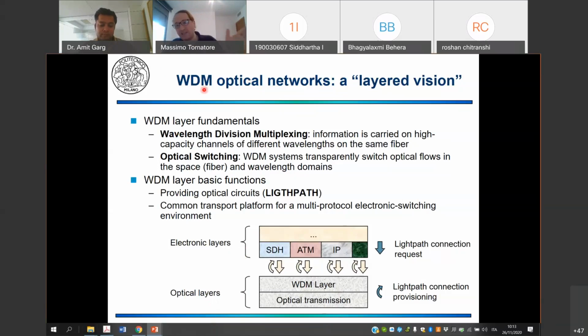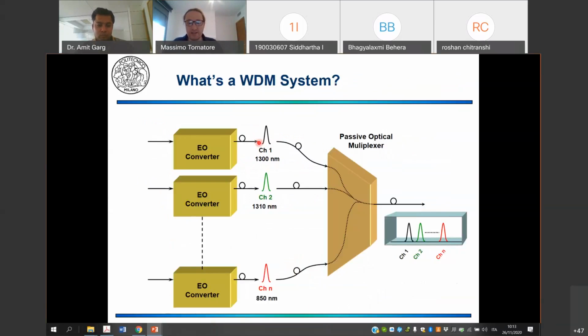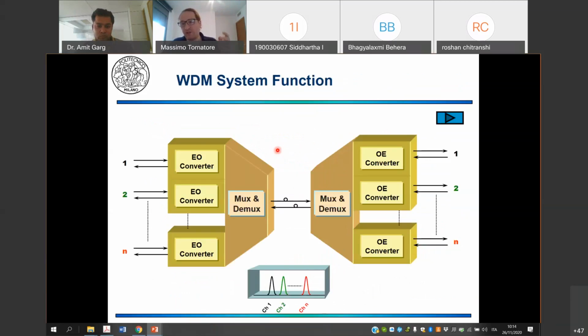We divide the enormous spectrum, the petahertz spectrum of the fiber, through wavelength division multiplexing, which basically means that we take the spectrum of the fiber, divide it into different channels, and multiplex the different channels over the fiber. To be more specific, usually the transmission systems in practice are bidirectional, so you have one WDM-based fiber in one direction and one WDM-based fiber in the other direction.